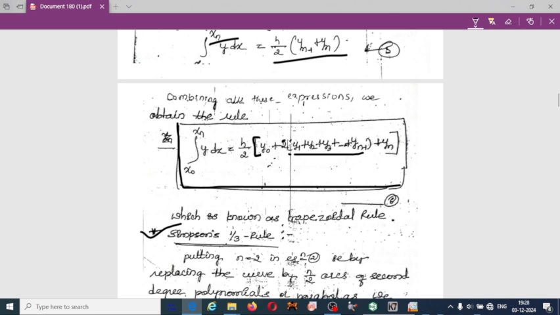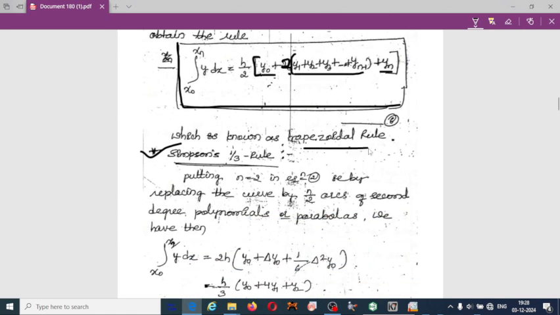You should multiply by 2 all terms except y naught and yn inside the bracket, for the given interval, which is called the trapezoidal rule.